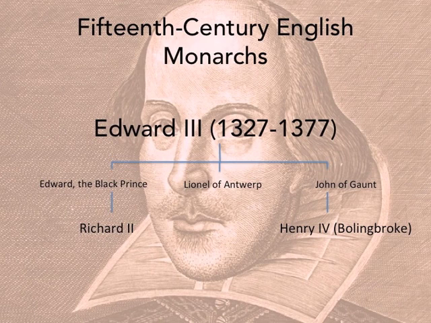Now, as you hopefully have already figured out, Henry Bolingbroke is the man who eventually becomes Henry IV, and it's this event, Richard II seizing the lands that belonged to Henry's father, John of Gaunt, that precipitated Henry's attempt to depose Richard, which he succeeded in doing just a few months after John of Gaunt had died.